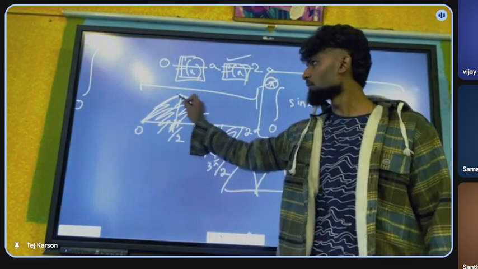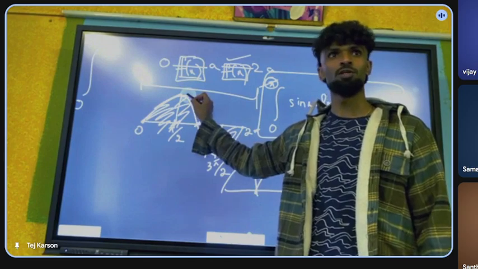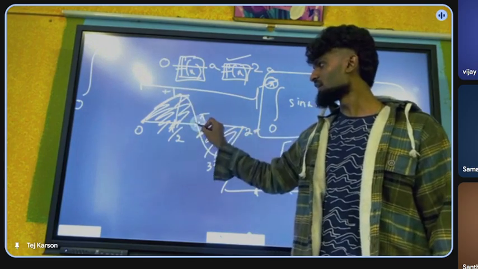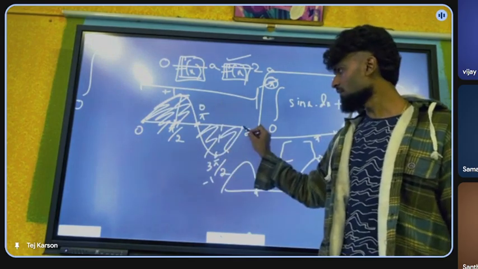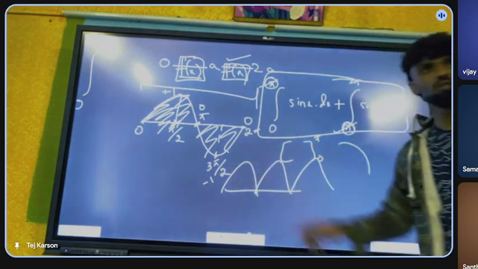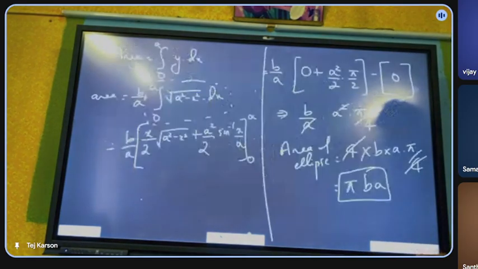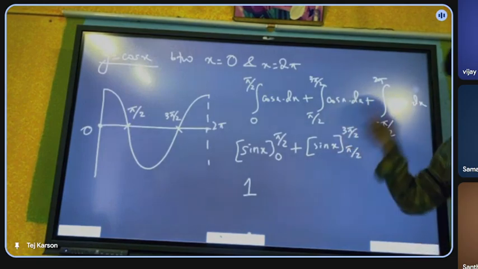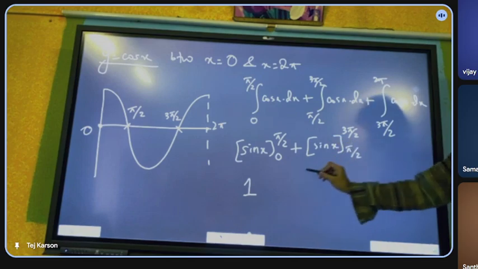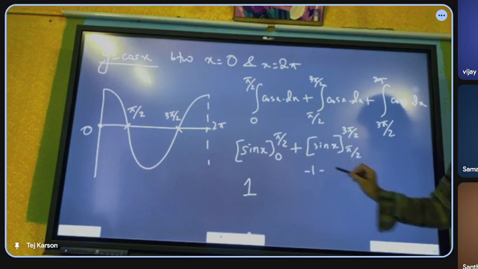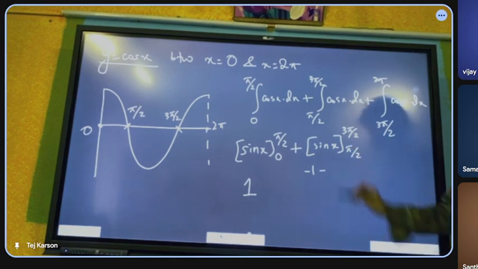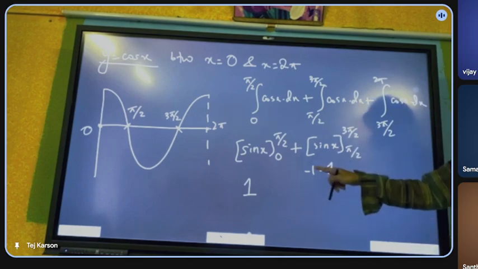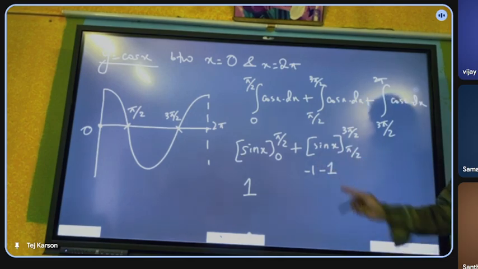Sine 90 becomes how much? Maximum, plus 1. Sine 180 became 0. Sine 270 became -1. Sine 360 became 0. So sine 270 is -1, the upper limit. Minus the lower limit, sine 90, which is 1. So this answer is -1 minus 1, which is -2.